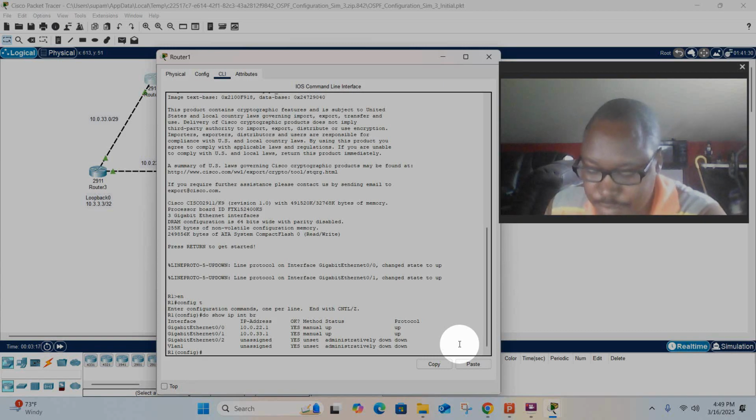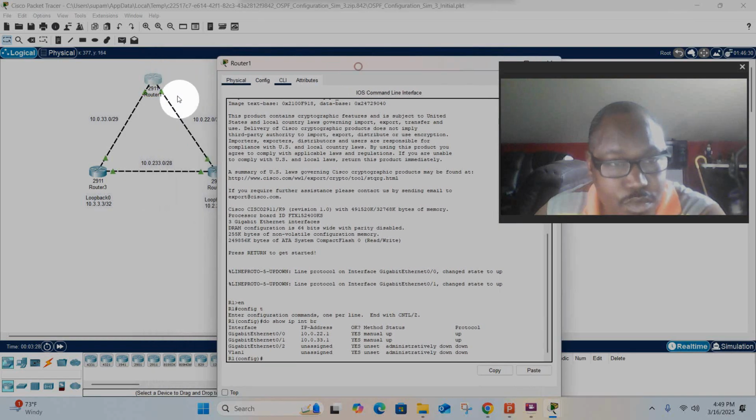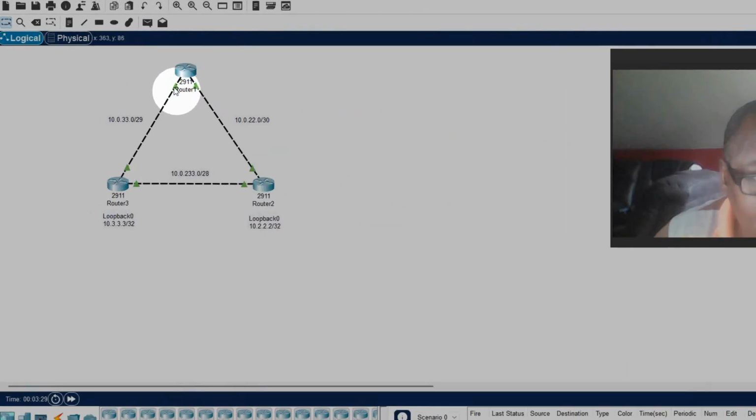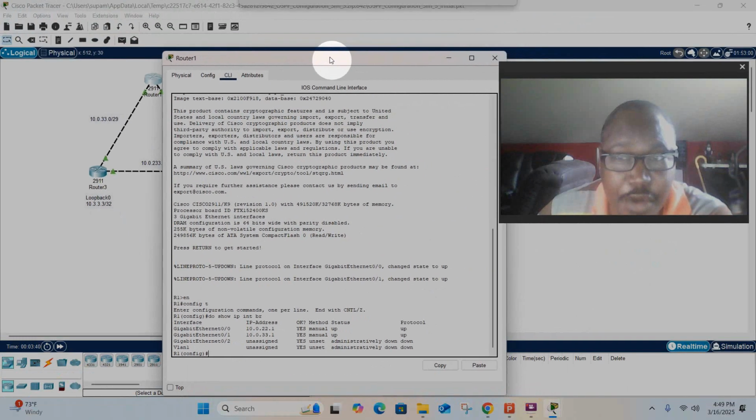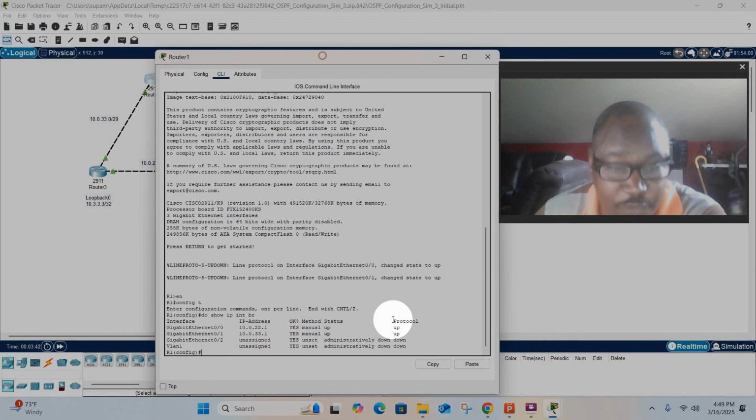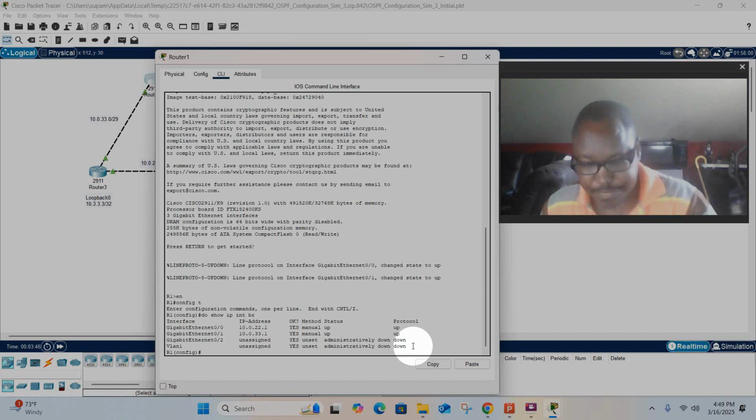Or is it? You know what? Let's start with the 0, the 0/0 interface. Let's look at them first. 0/1, 0/0. Okay. Well, we got to configure on both of them, so it don't really matter which one we do first. But we're going to use the 33.1 as the router ID.